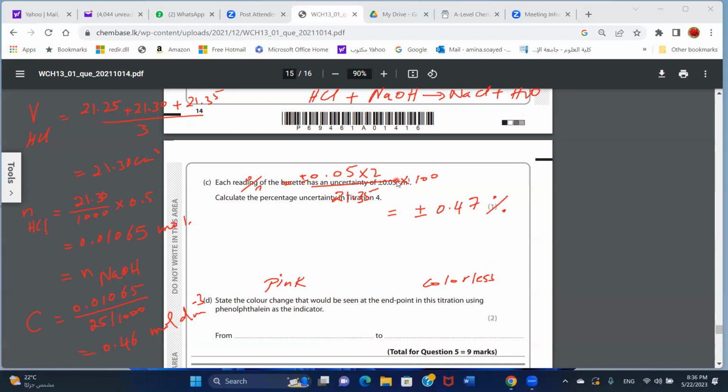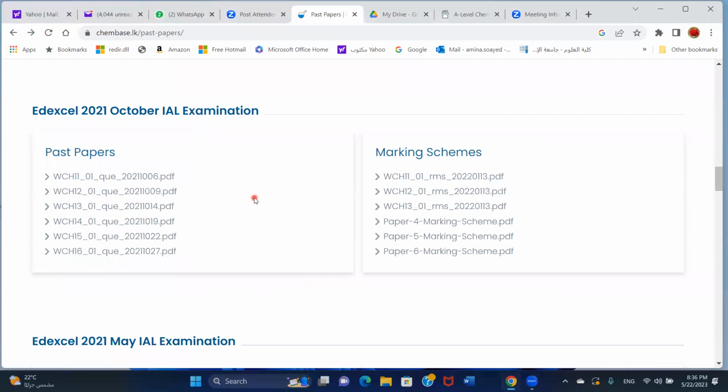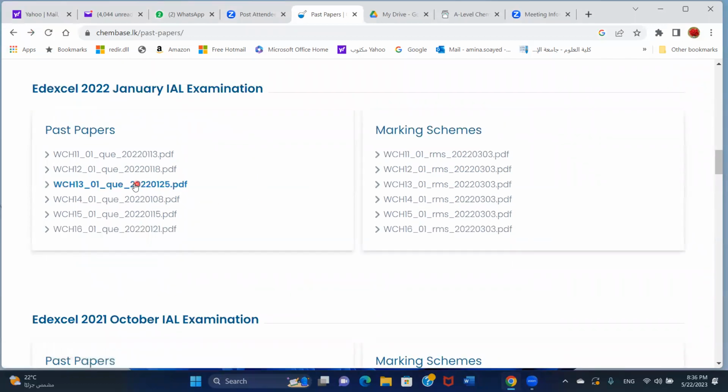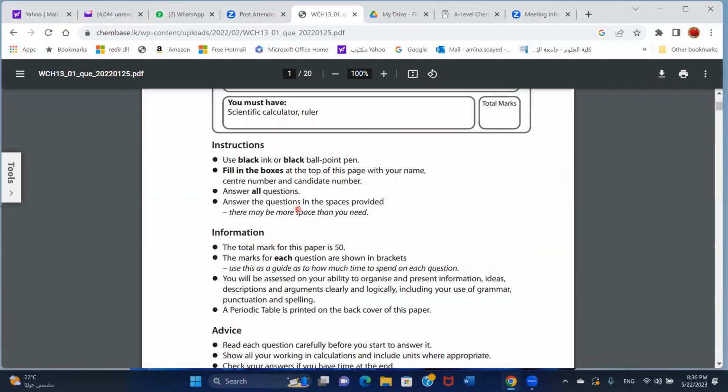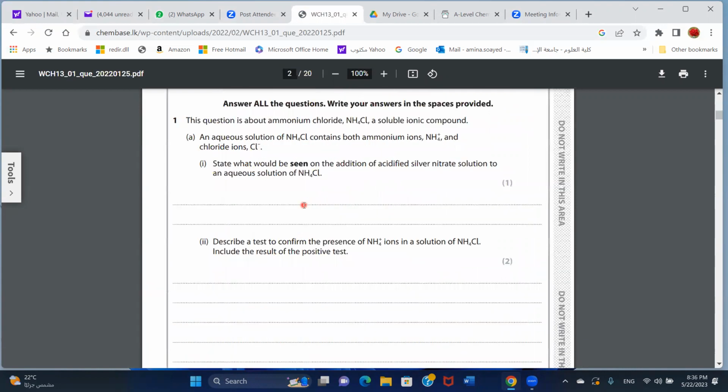Let's see, Jan 2022. Okay, this is Jan 2022. This question is about ammonium chloride, a soluble ionic compound.